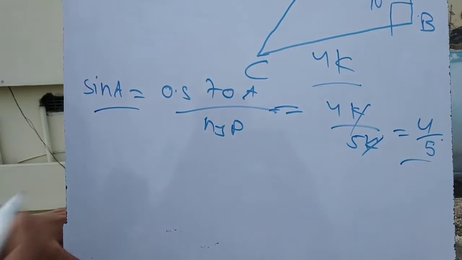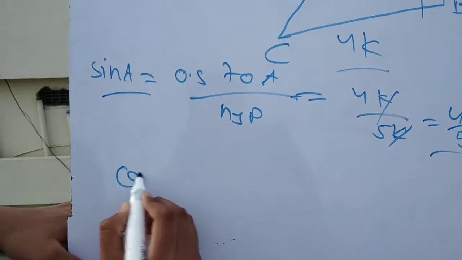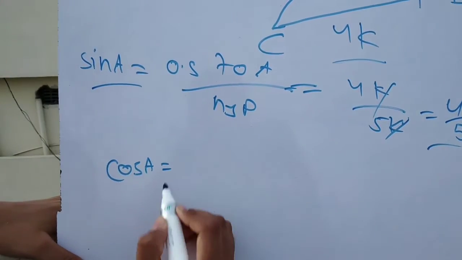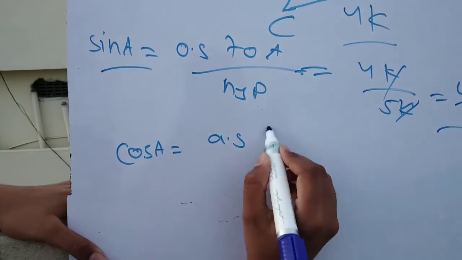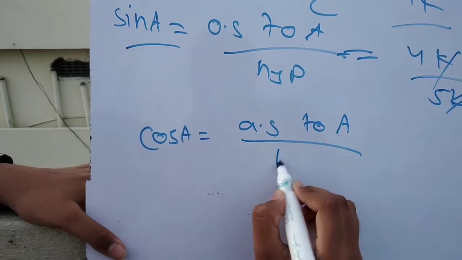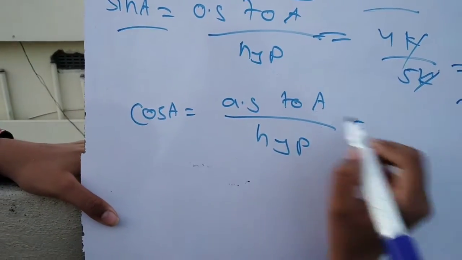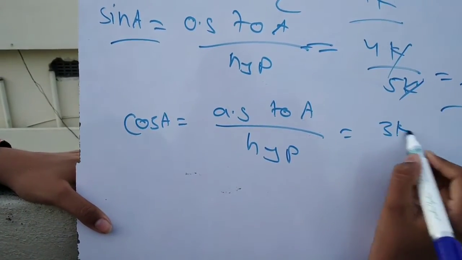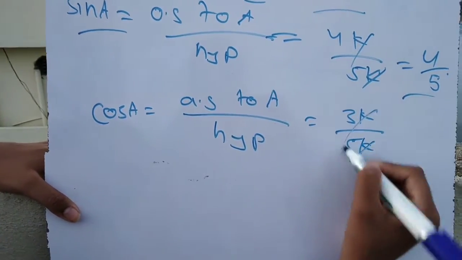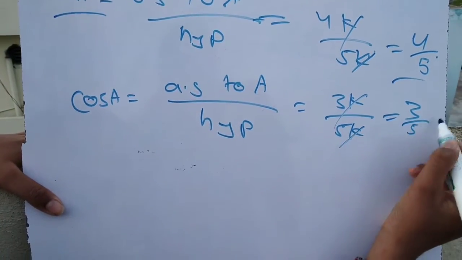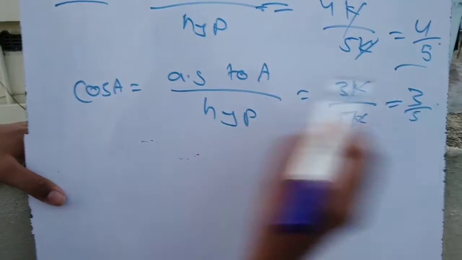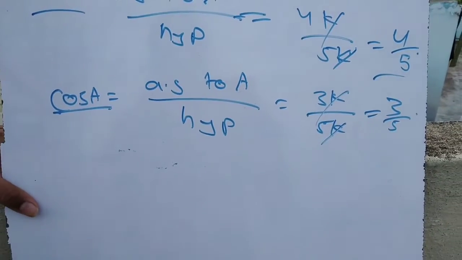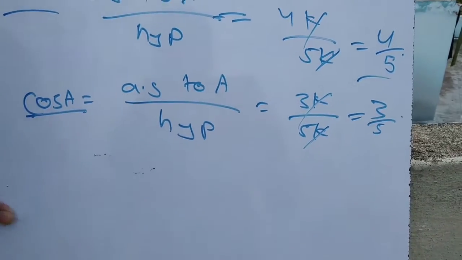Now we need to find out cos A. Cos A is equal to the adjacent side to A by hypotenuse, which is 3K by 5K. K cancels, so 3 by 5 is the answer. So sin A is equal to 4 by 5 and cos A is equal to 3 by 5, and that is going to be the answer of the sum.